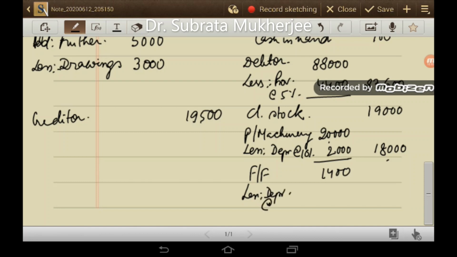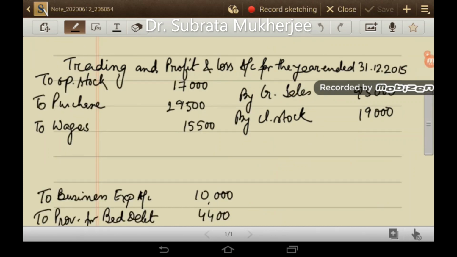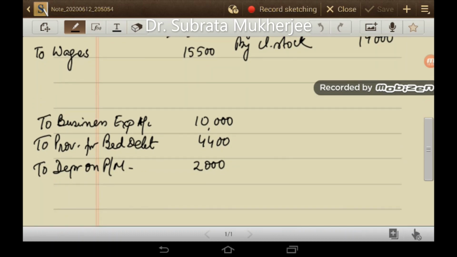So this will be 140, and outside balance is 1,260. So depreciation on furniture and fitting, I am writing it in the PL account. So to depreciation on furniture and fitting 140. So I have entered all the transactions given in the question, and now I will close the account.